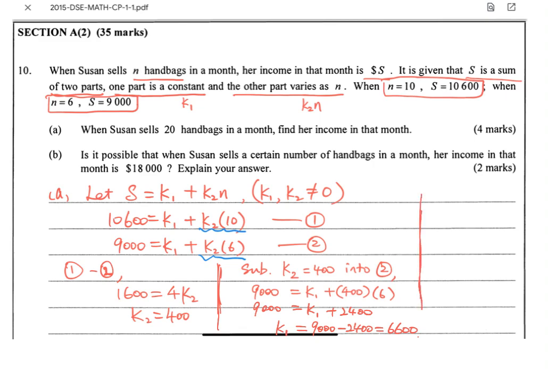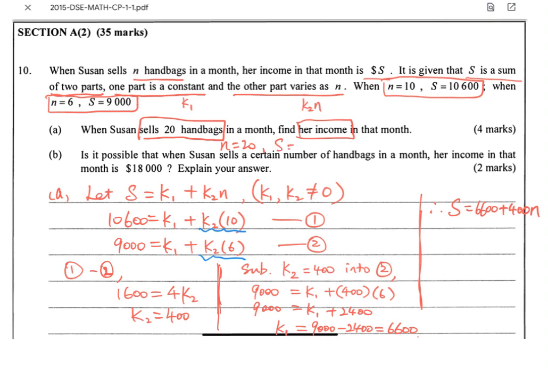So therefore, we have the equation S equal to K1, 6,600, plus K2, 400, times n. Okay, 400 times n. Now, part A asks, when Suzanne sells 20 handbags in a month, so it means when n equal to 20, find her income.